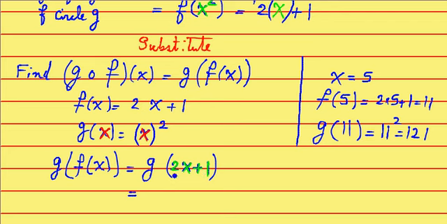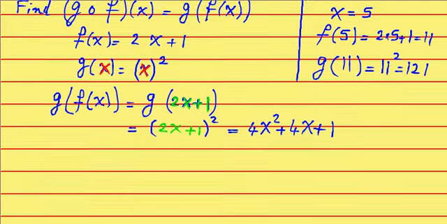So I go ahead, instead of that I'm going to write 2x plus 1. I replace this red by the green, and then I have to square it. 2x plus 1 squared, I hope you remember from your algebra 1, that's going to be 4x squared plus 4x plus 1. If you're rusty on that, make sure you go ahead and practice a few of those things so that you're quick in those calculations.